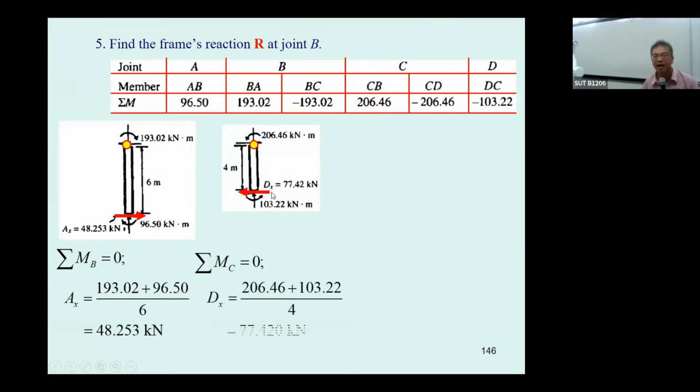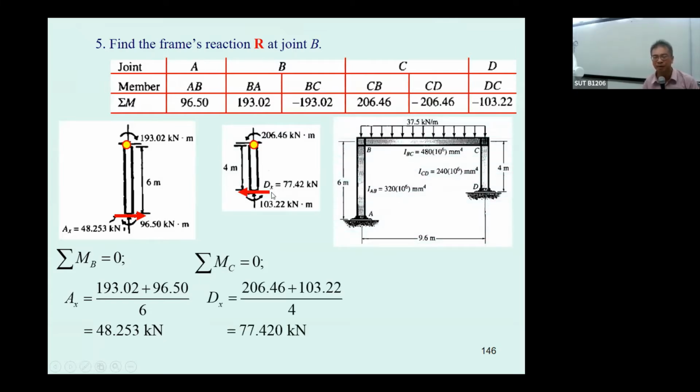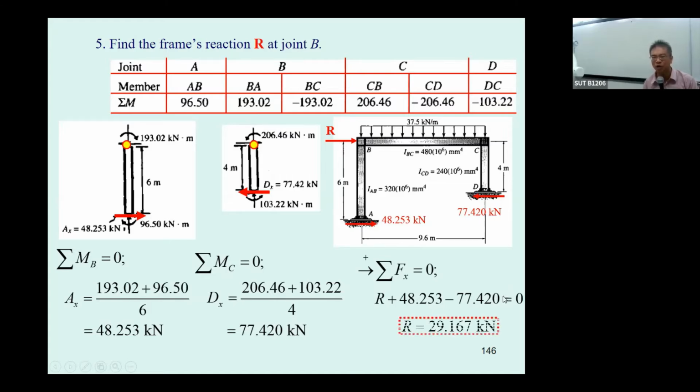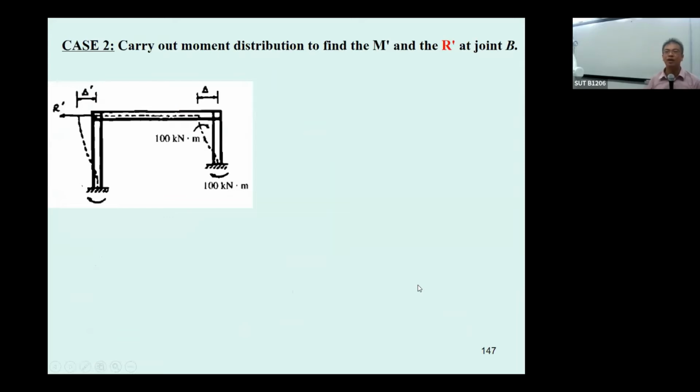You get like this, and then you sum them. You do the summation of F sub x equal to 0, and you can determine R: plus A sub x minus D sub x equal to 0. So your resistance force for the sidesway is going to be 29.167.